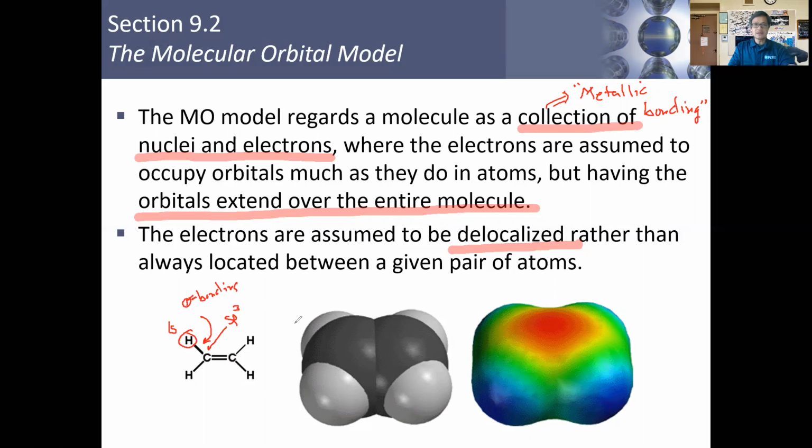Make sure you understand that in the localized electron model, these two electrons stay where they are, and it's the sharing of these two electrons between the carbon and the hydrogen that allows this bond to form. Therefore, in this interaction, the electrons are localized. They stay in one place. They don't move around.